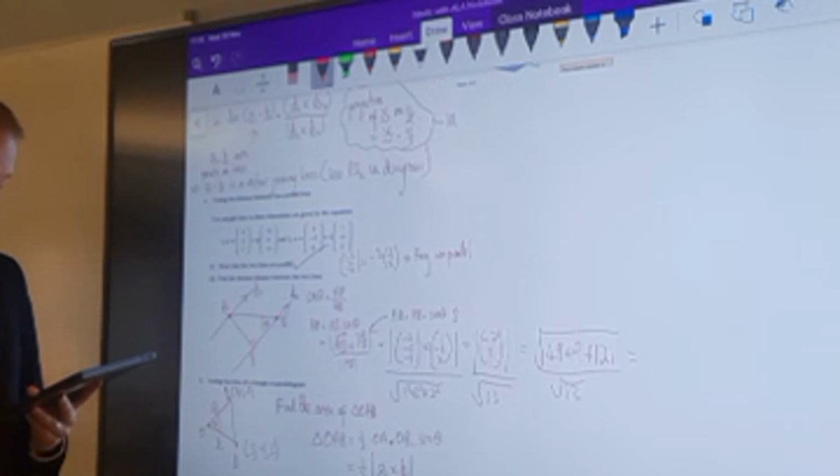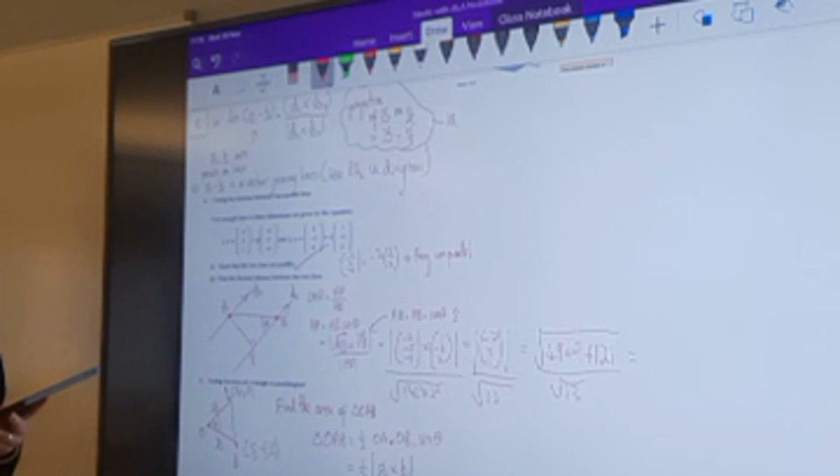So I'm trusting your calculation of the cross product. I haven't checked that. So if anyone thinks it's wrong, you can blame Ella. So root 179 over root 13. Or you can blame me if it's the bit at the bottom that's wrong.